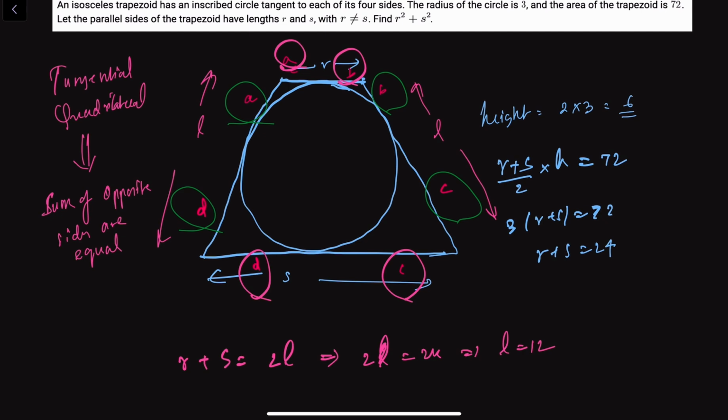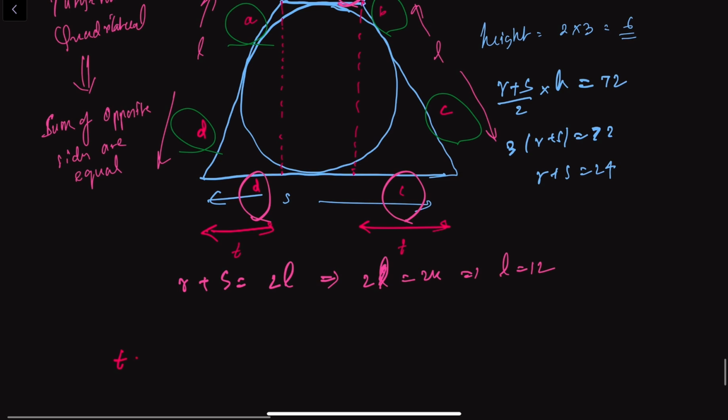Now if I consider this horizontal offset that we have, if I draw a perpendicular here, we'll have a horizontal offset for each leg, and by symmetry that will also be the same. Let's take this as some t. So t is nothing but the modulus of (r minus s) by 2, whichever is greater, because they didn't specifically mention which is larger.